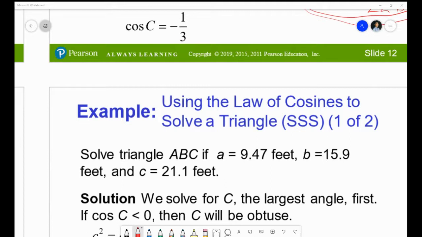So when we say solve triangle, we need to find all of the 6 parts. So that means that we need to find A and B as well.